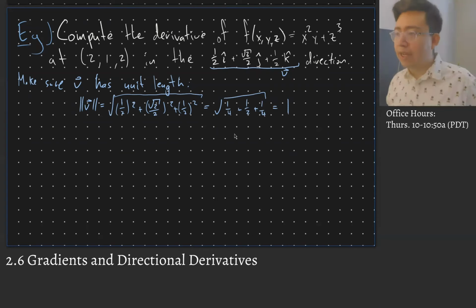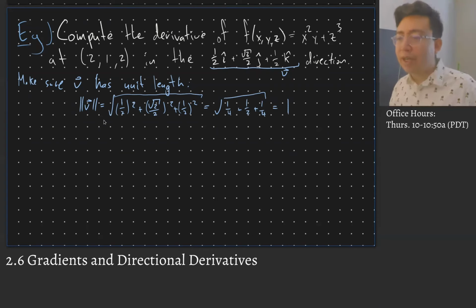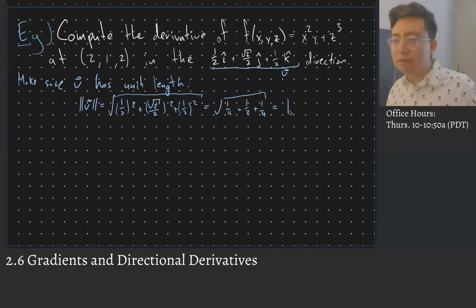Okay, so this one checks out. If it didn't, you might think we wasted our time checking this length, but if this wasn't 1, then we can just divide all of this by whatever we got here. In this case, that would just be dividing by 1, so it doesn't do anything. This is part of the process for normalizing. If you didn't get 1, you would just divide here anyway.